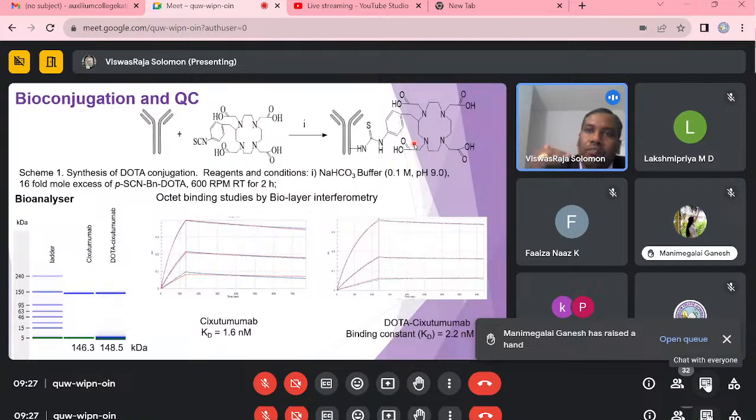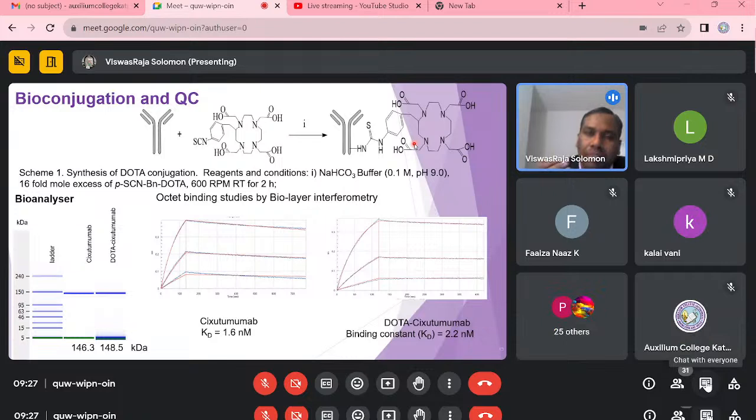The protein molecular weight is around 150K. I used a centrifugal filter of 10K, so small molecules below 10K pass through the filter and the rest are retained on the filter. That's why we can use centrifugal filters to purify this sample.